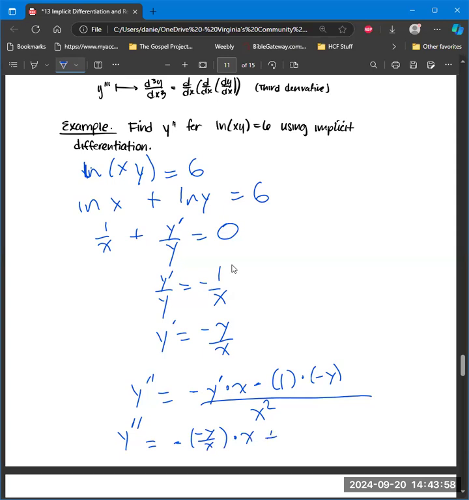And then this is going to be plus, so this was a negative and a negative, y over x squared. So this is going to be y plus y is 2y over x squared.